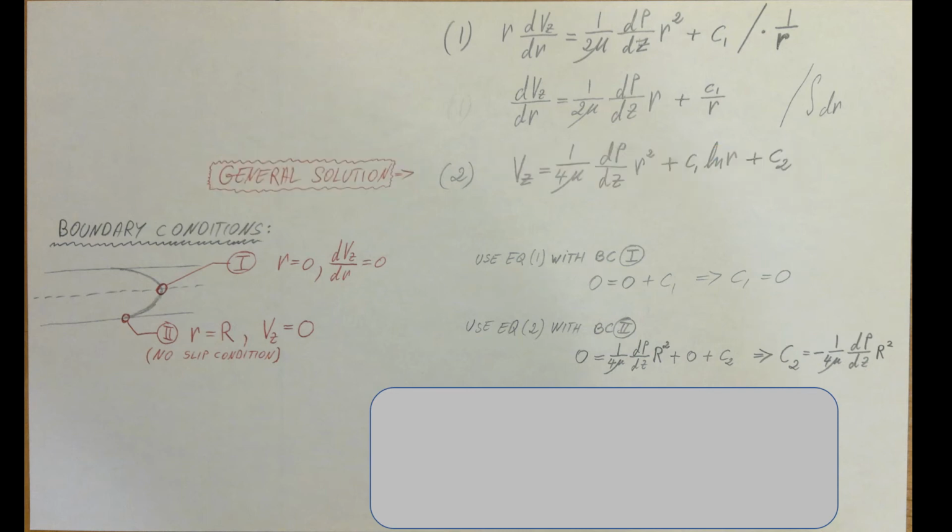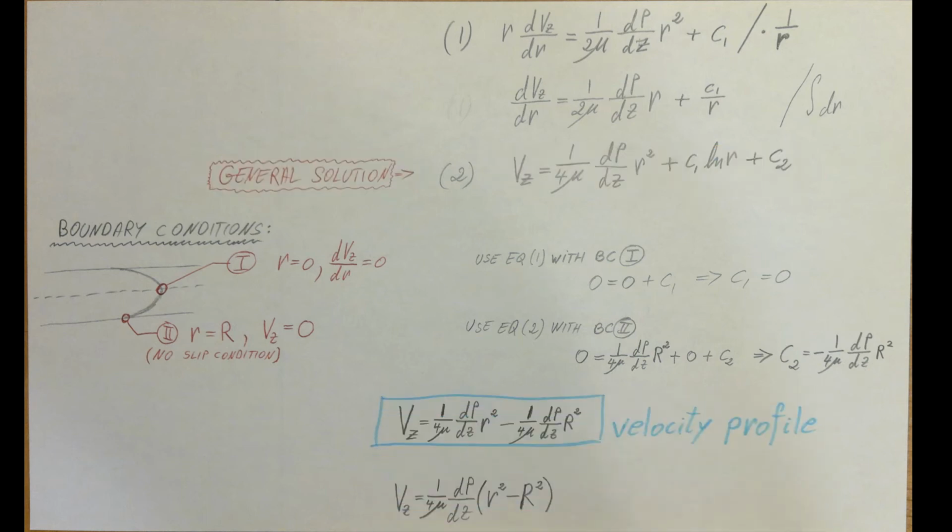Now that we determined our two unknowns, let's update our general solution and obtain our particular solution right here, and this will be our velocity profile. Now if we factor out a few common terms, we can see that a more compact version is also possible. So there it is, our velocity profile for Vz.